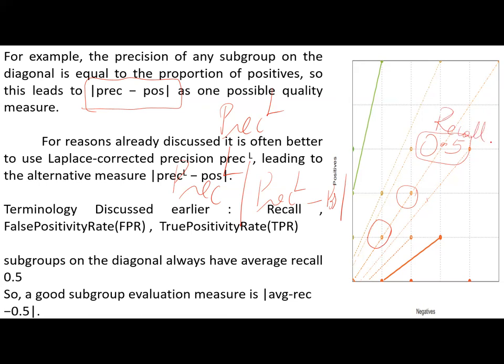So a good subgroup evaluation measure would be average recall minus 0.5. We will see how to calculate average recall.